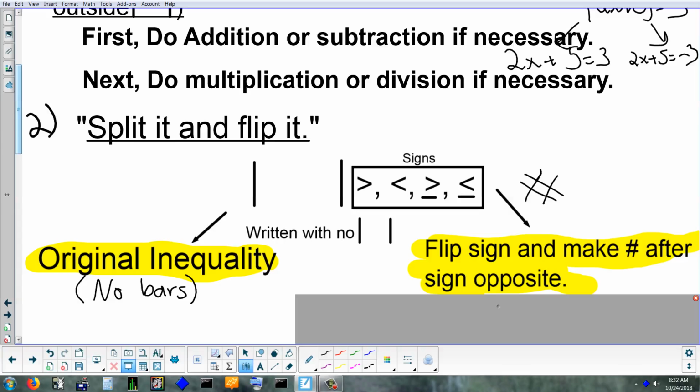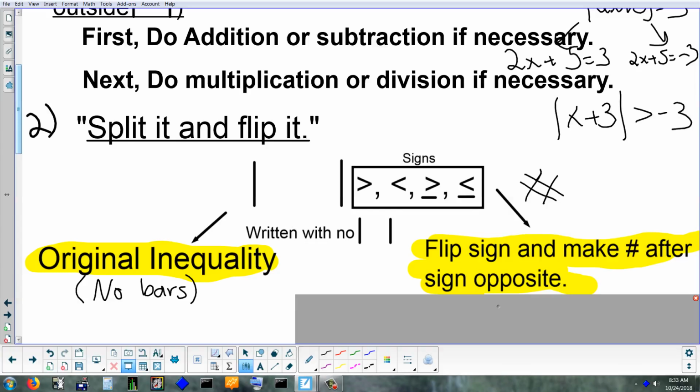Because in your original, you could have a negative here, like x plus 3. It's okay when you're doing inequalities to have a negative. If this was an equals, it wouldn't work, because an absolute value equation can never equal a negative. But you can have an inequality sign with a negative after it.